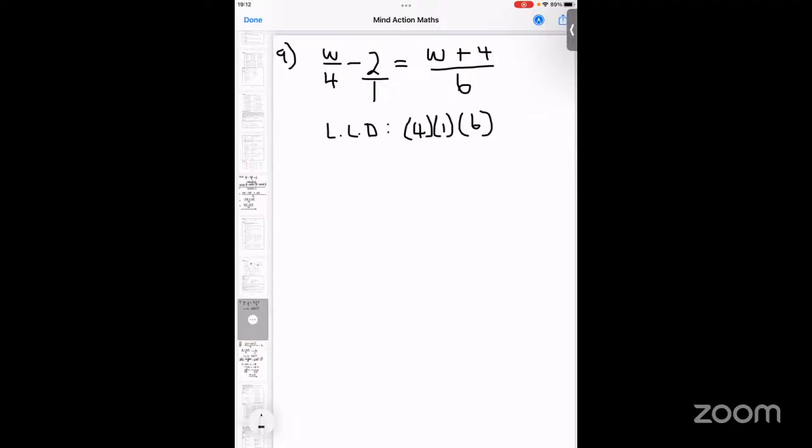The reason why I do it this way, Grace, is because when you have to do this involving the letters, it won't be easy for you to just pick that one number which represents your LCD. So you will just have to take the denominators exactly as they are, then you multiply everything by the denominator.